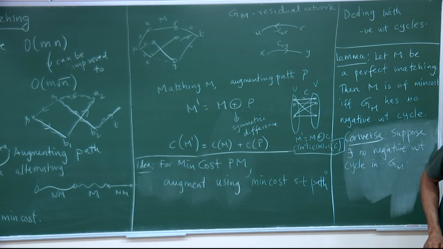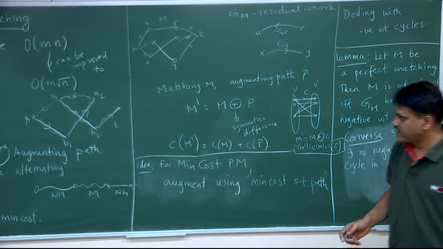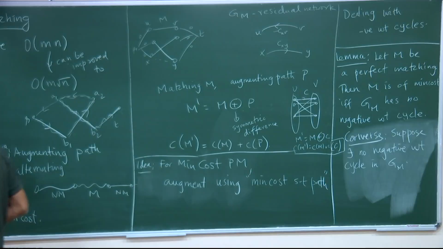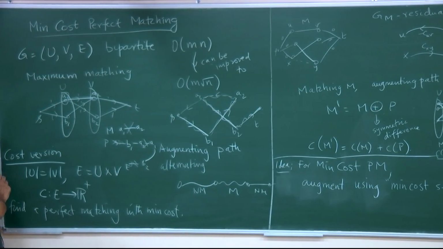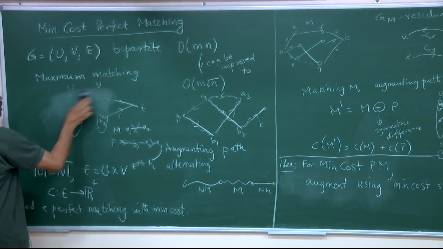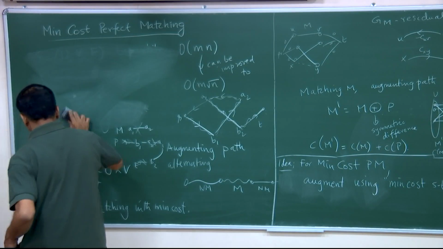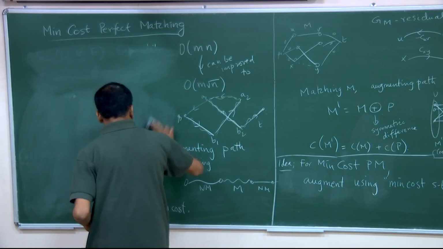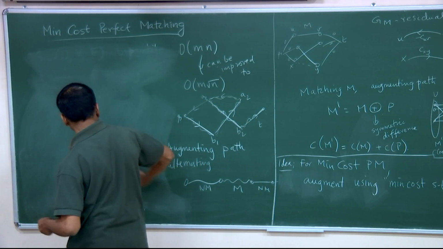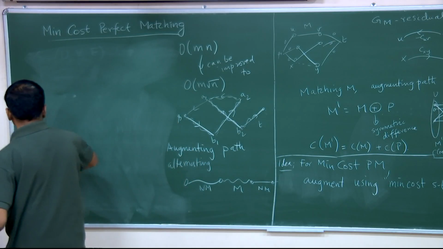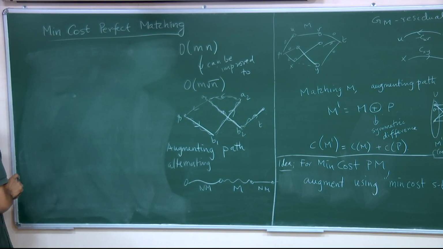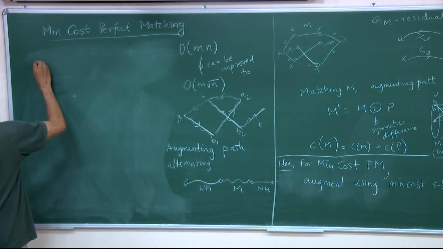Actually that is the point I did not emphasize clearly. Since it's a perfect matching, let's see how the cycle will look, right? So suppose this is a cycle.